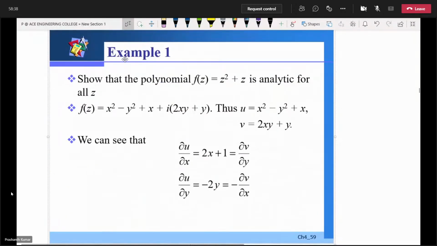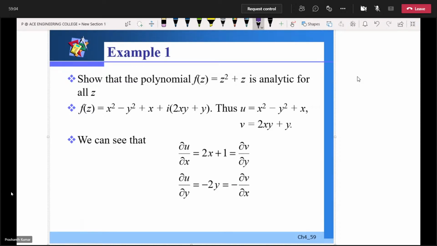For example, all of you see how the Cauchy-Riemann equations we are considering, and we are solving the problem. Show that the polynomial function f of z is equal to z square plus z is analytic for all z. Ikkada what I will do, I am applying the Cauchy-Riemann equations.